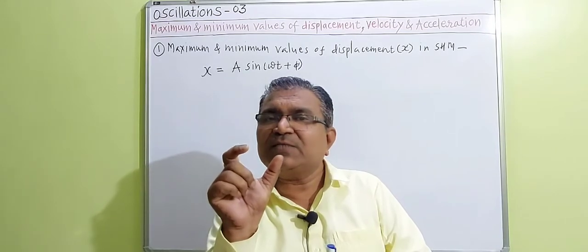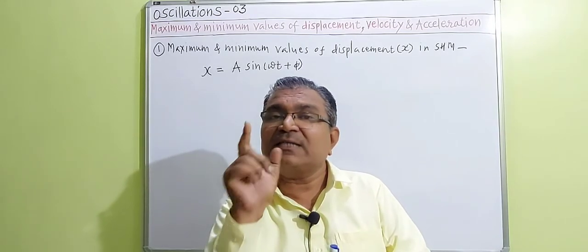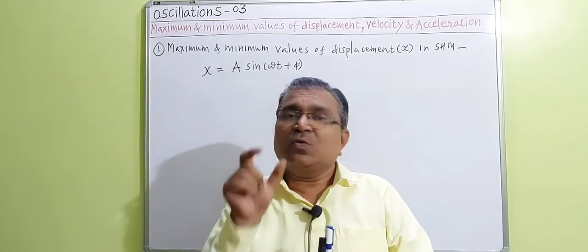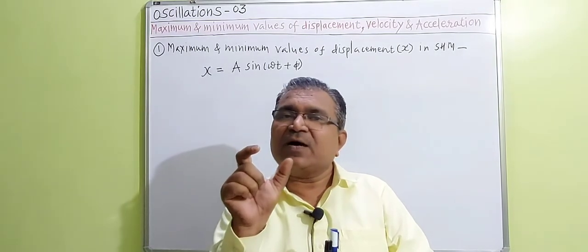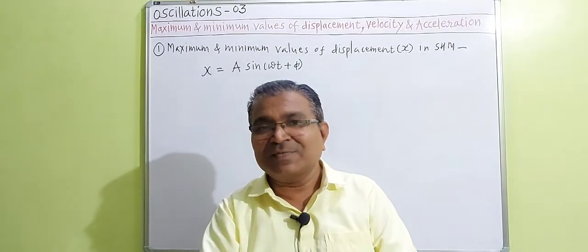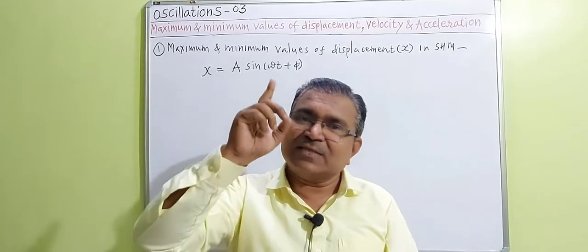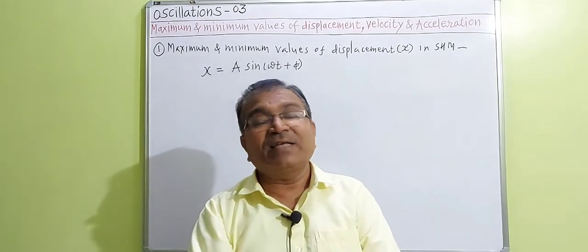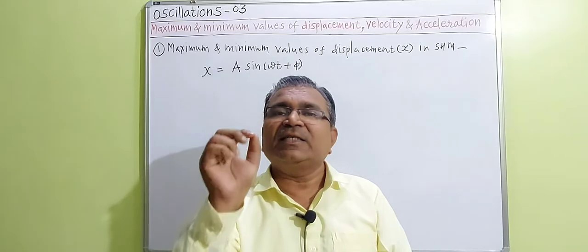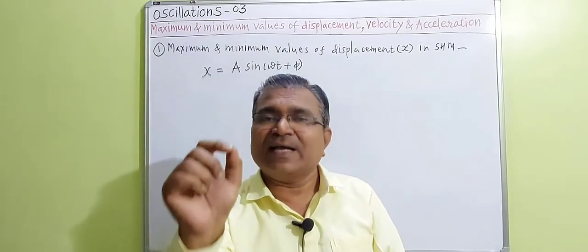Omega t plus phi is called the phase in SHM. I will repeat again. Omega t plus phi is called the phase in SHM. It is also called the phase angle, in which phi is called the initial phase angle.